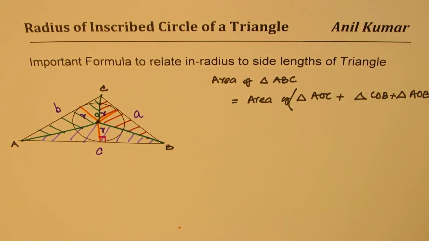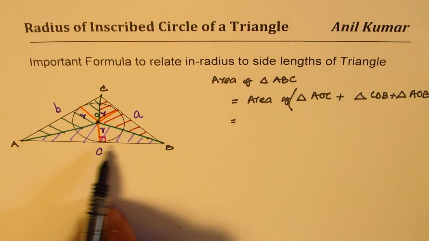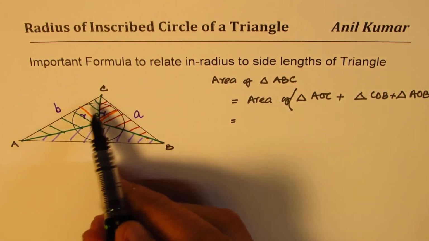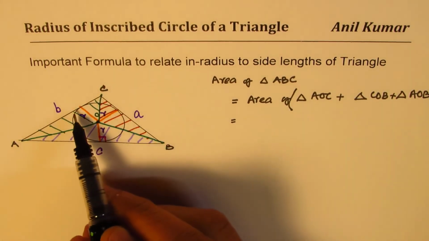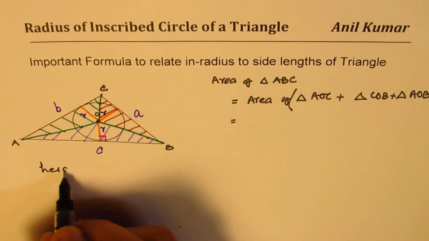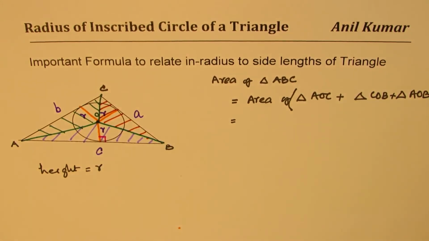Now area of a triangle is half base into height, right? So we could write the area of this triangle is what? Half of this side times height. Area of the other triangle will be half of the other side times height. Now in all the 3 cases, height is what? R, right? That is the height.